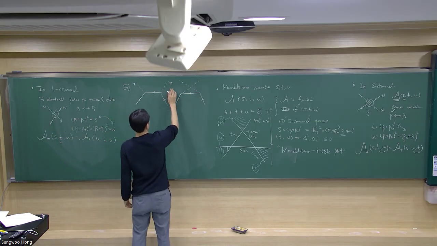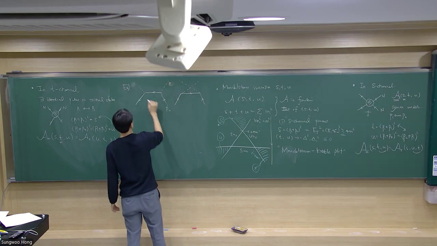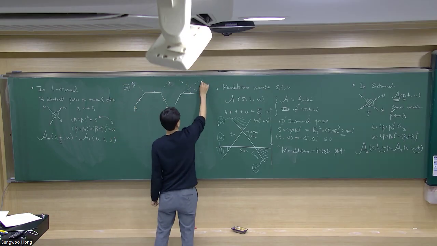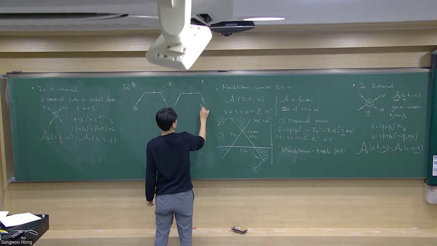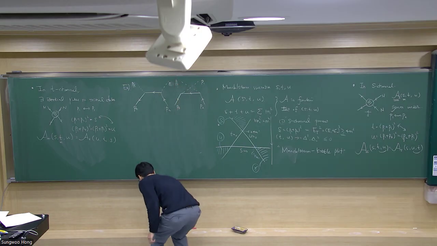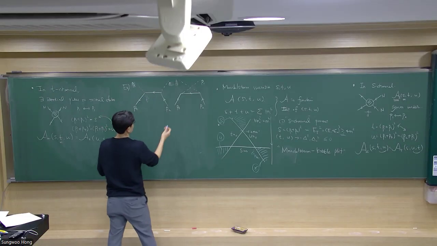So again, okay, so let me just put the momentum assignment. That's more consistent with the philosophy of talking about the crossing. So 1, 2, 3, 4. And then what is the momentum transfer? So in this case, well, it depends.